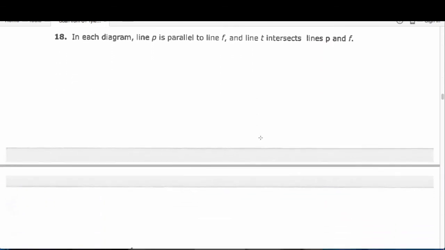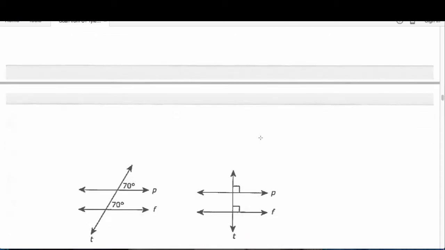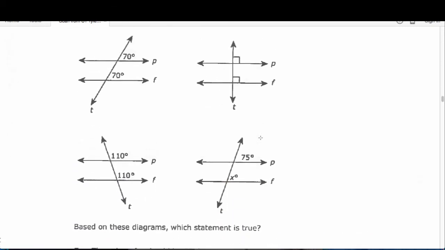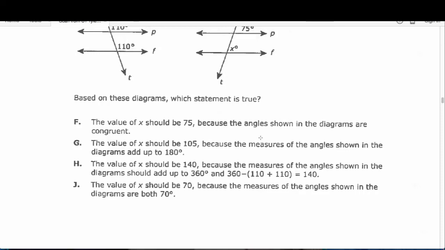Question 18. In each diagram, line P is parallel to line F, and line T intersects lines P and F. Based on these diagrams, which statement is true? F. The value of x should be 75 because the angles shown in the diagrams are congruent.